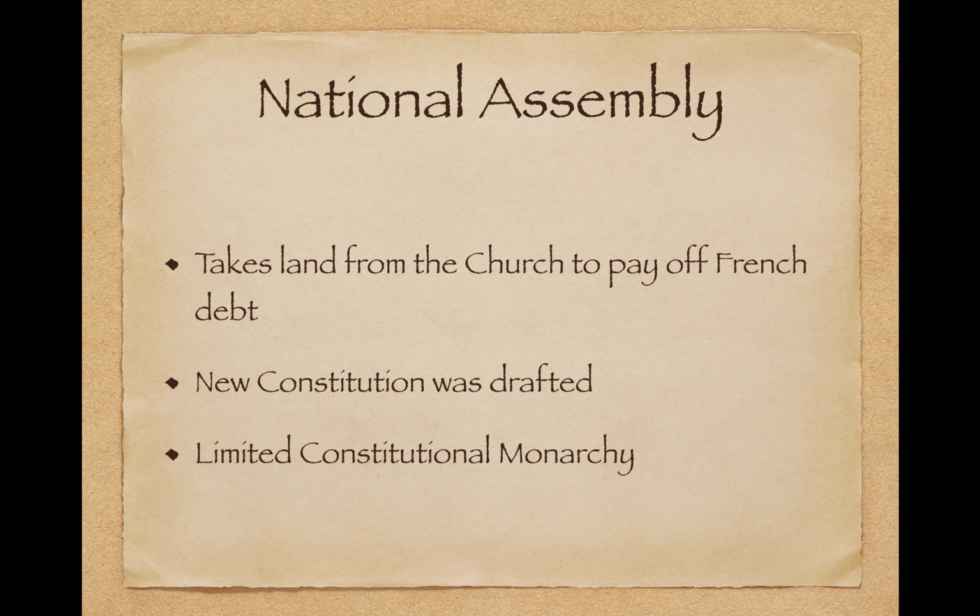He can no longer do whatever he wants to do. And if he tries to, then there's going to be some sort of punishment or consequence. So this is a really, really big deal. Once again, all these ideas are coming from the Enlightenment time period.